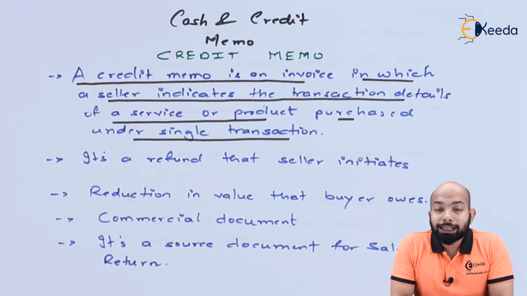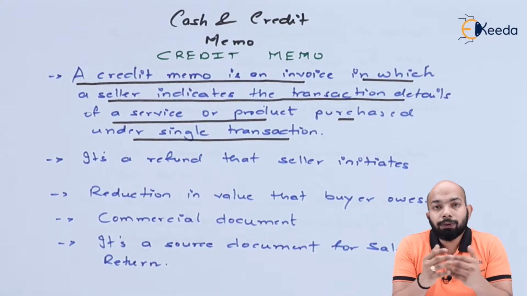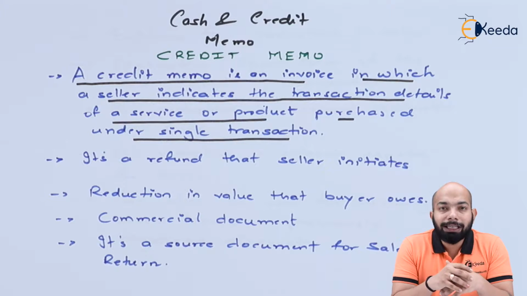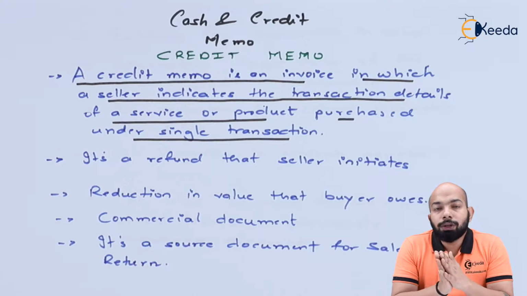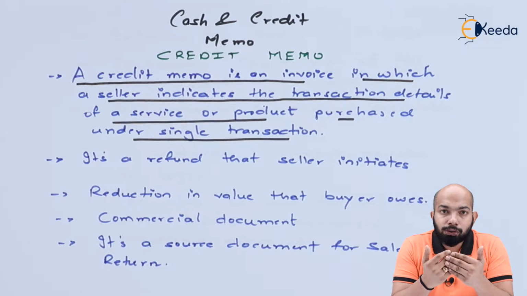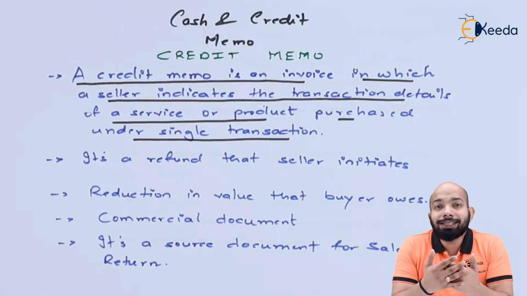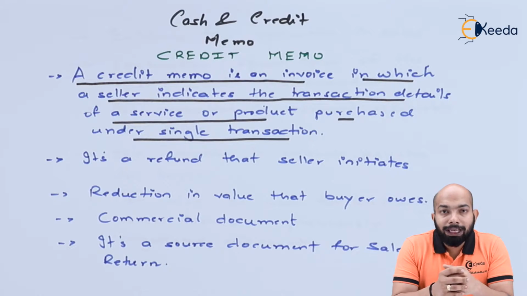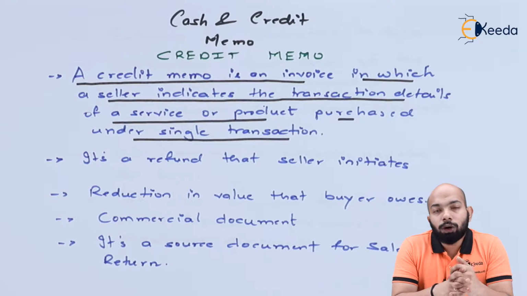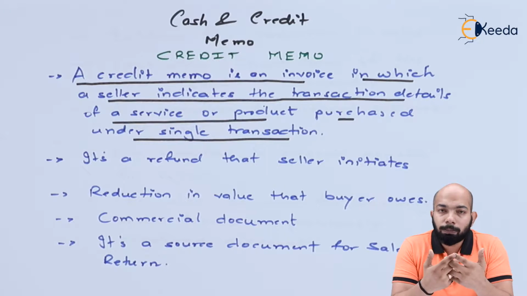So I will give you a credit note of 1 lakh. That means you can either use this specific credit note for the next purchase that you want to make from me, or you can settle it as a refund. That means you require the refund of 1 lakh, or you can use it for the payments itself.